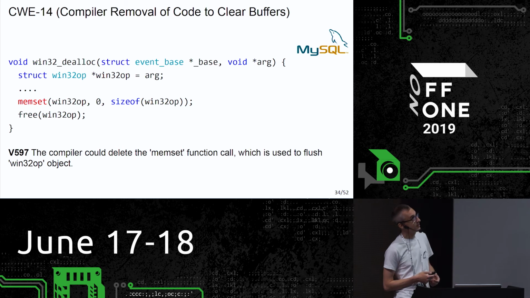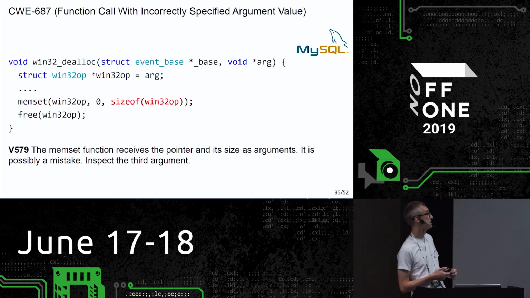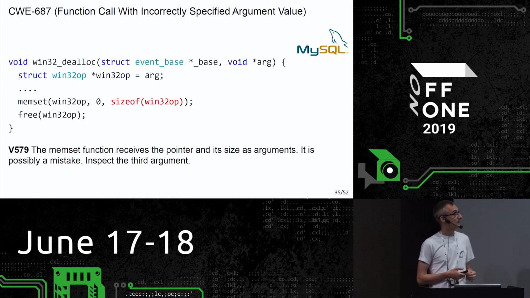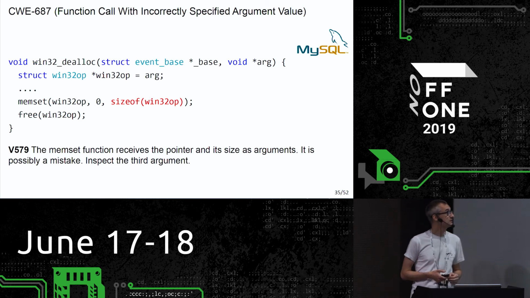And also this code has another issue. Look, a different type of diagnostic, V579, says that the internal variable of win32op is used, and it has the same structure and size of.